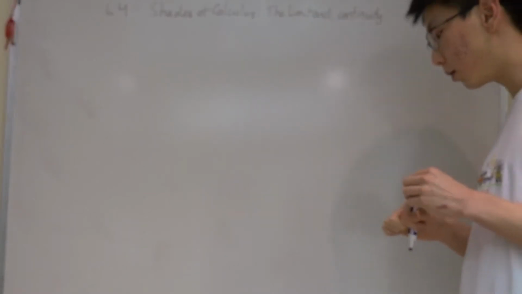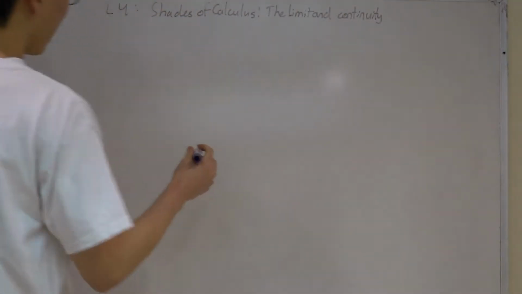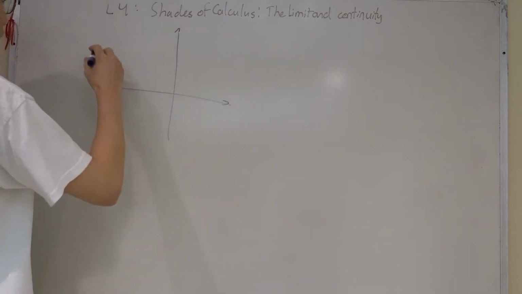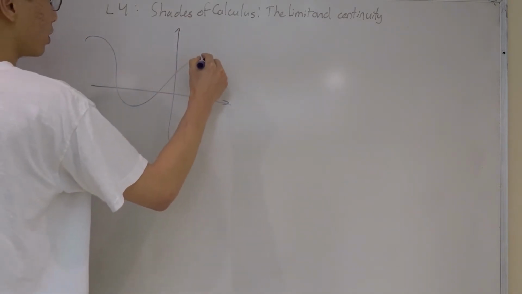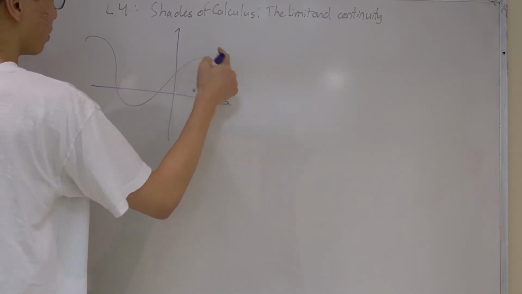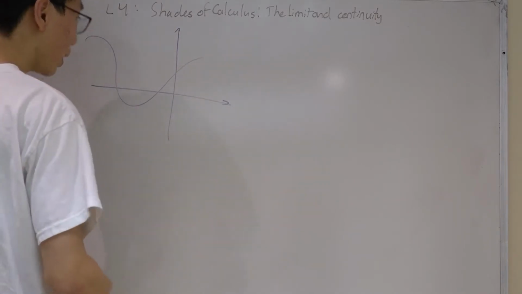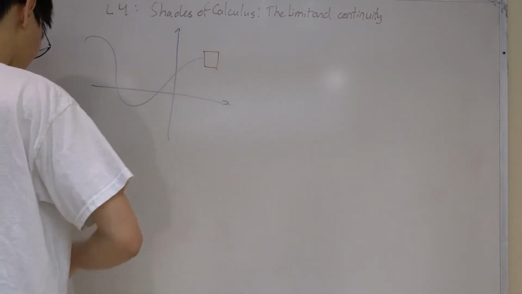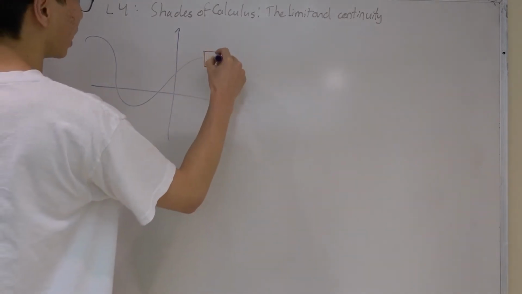Alright, so let me just go and draw this function. Okay, and it's just going to continue, but what I'm going to do is put a big red box right here, and it's going to keep going.